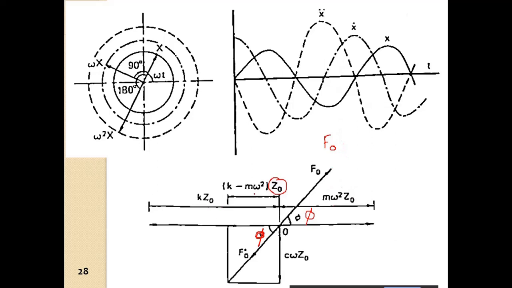Here we can resolve the two components. One is K minus M omega square Z naught. The other component is C omega Z naught.